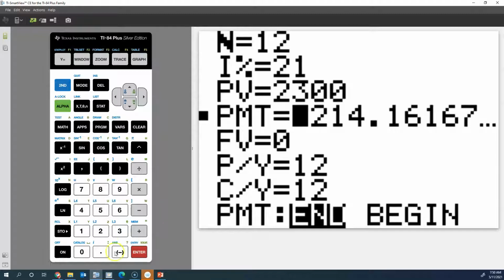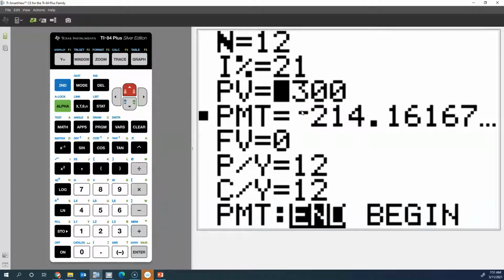Isn't that what we got in 2016? Exactly. So negative 214.16. The negative means that's money moving away from you. That's a payment. You had $2,300 come to you, that was positive. Then to pay it off, you had to send out every month $214.16.